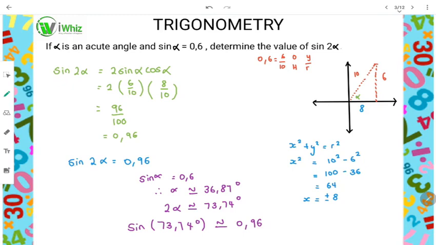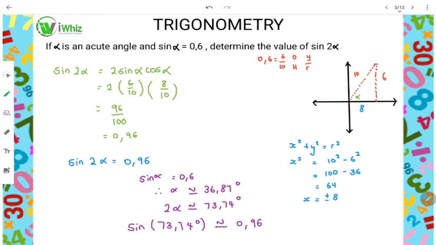So what have I done? I have said that sine 2 alpha is equal to 0,96. When I work backwards using my calculator only to check my answer, I arrive back at 0,96. So that's just a method of helping you identify whether your answer is correct or not.